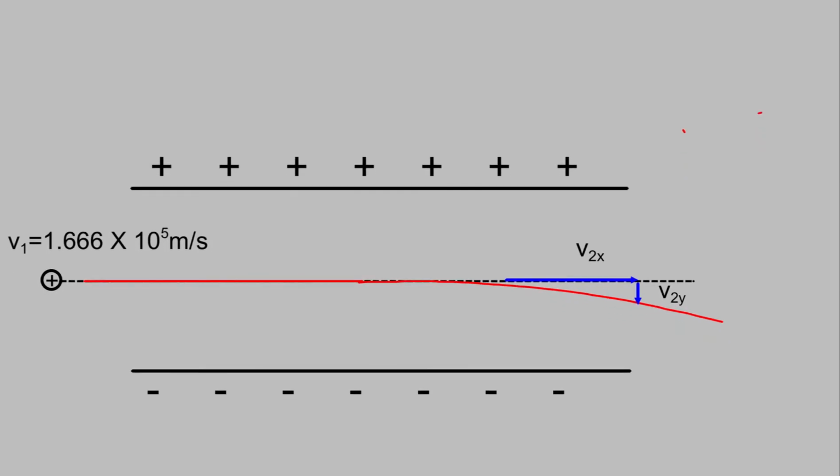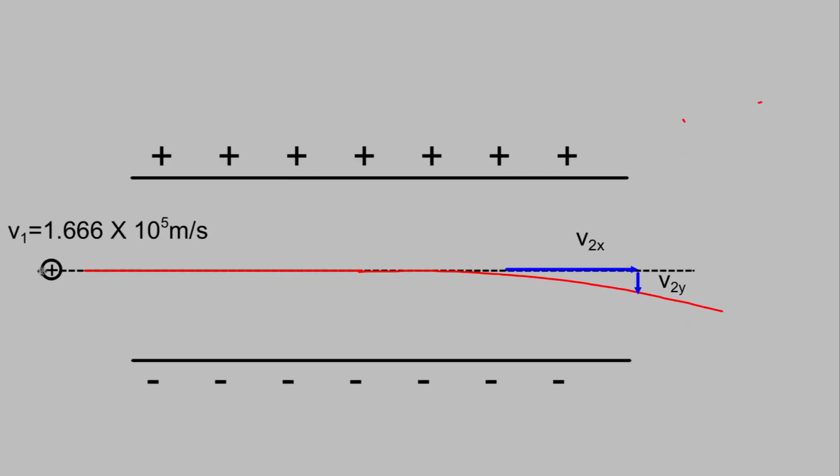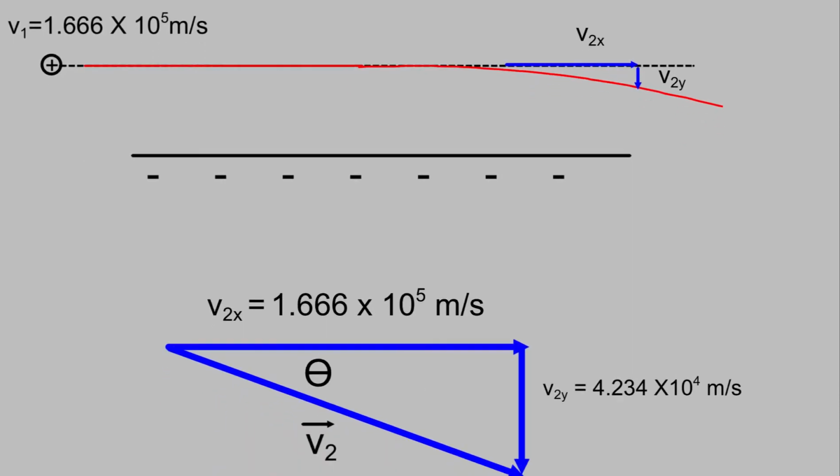So if we look back at our setup, the proton was coming in, it was being pushed down by the electric field, it was traveling in a horizontal direction with a constant speed. In this case it's v2x, which is still this 1.66 times 10 to the 5 meters per second. We just solved for v2y. So we have a right angle triangle.